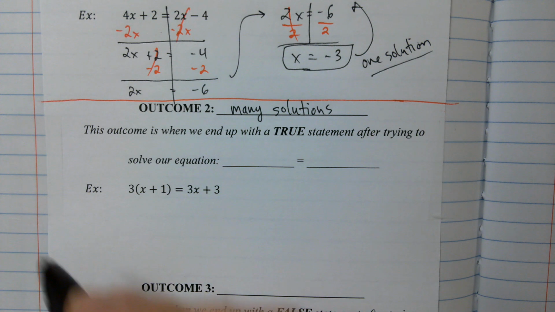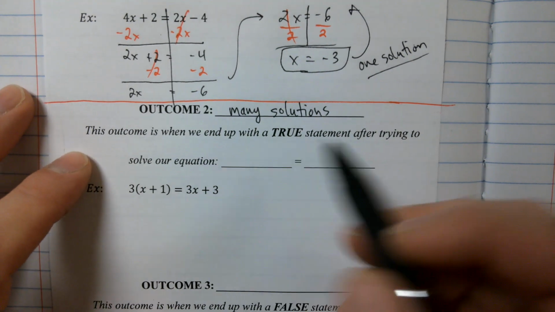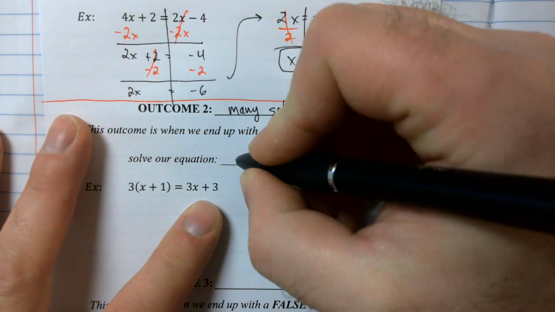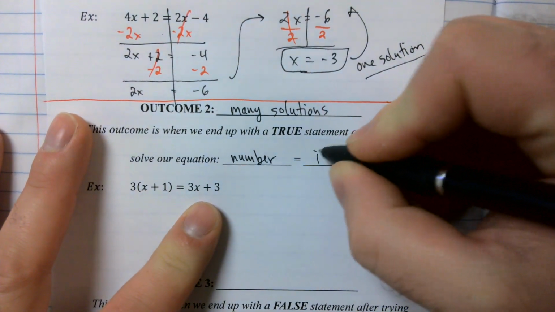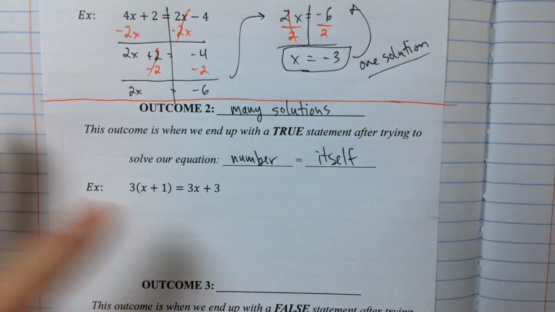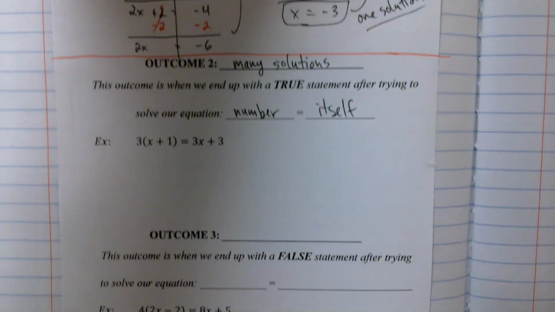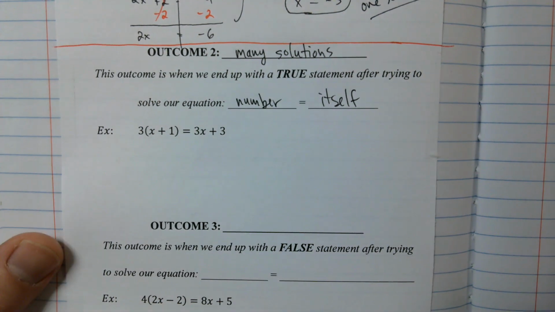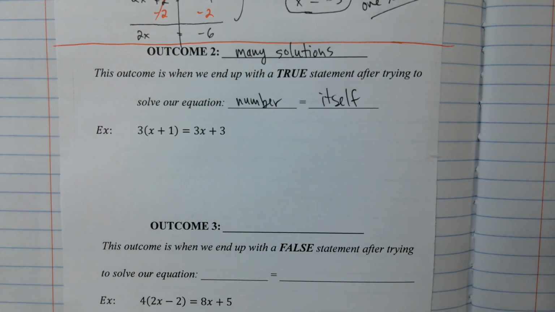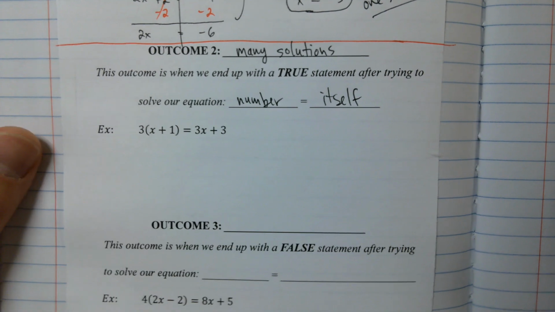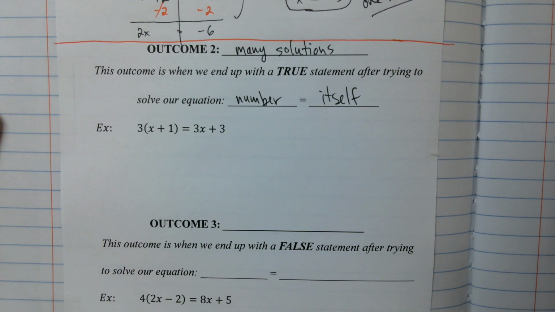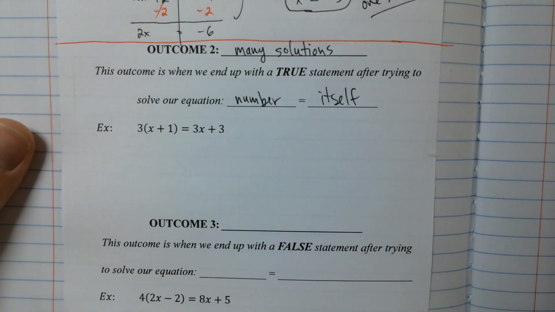So this outcome, we know we have this outcome when we end up with a true statement. Basically, when we have a number equals itself. It's a little bit confusing, but we'll see what that means here with this example.